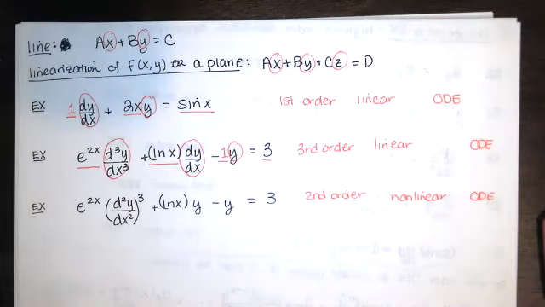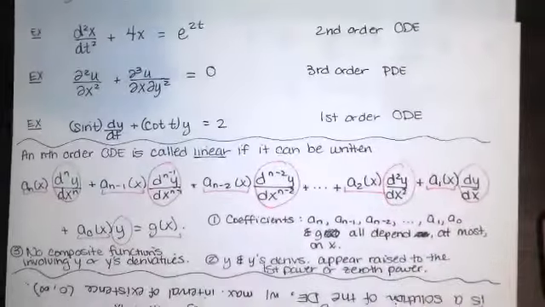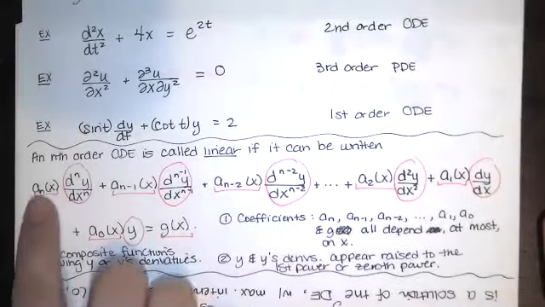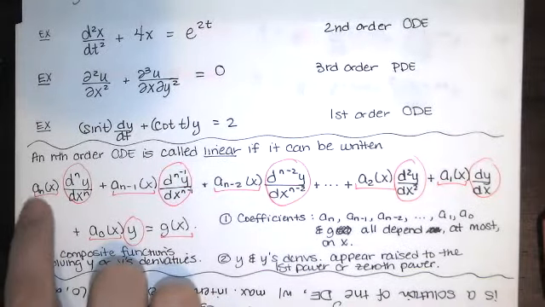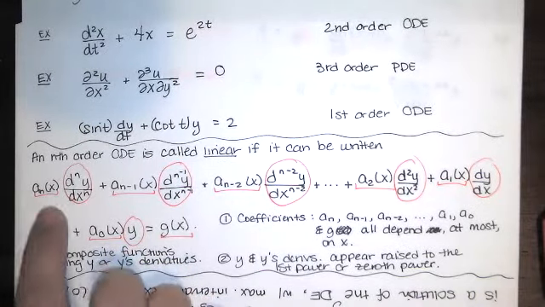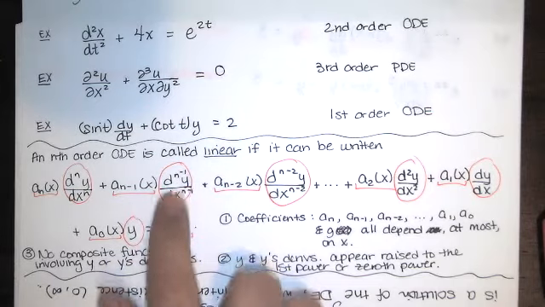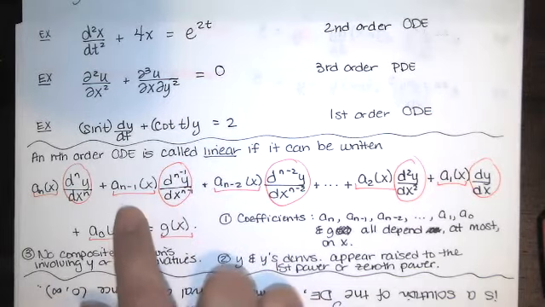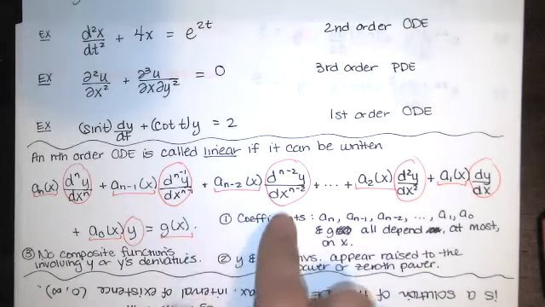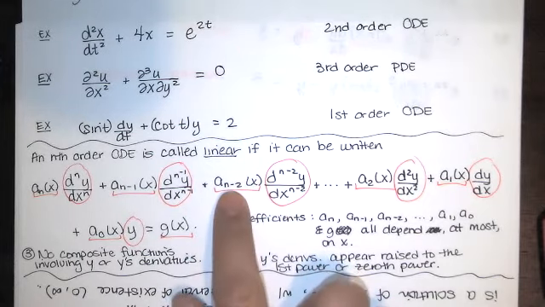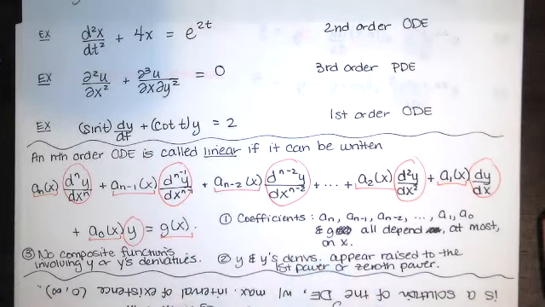Now, I can't write it out exactly the same way. Over here, when I wrote down my coefficient functions, I said the coefficient of the nth derivative was a sub n, and the coefficient of the n minus 1th derivative was a sub n minus 1, and the coefficient of the n minus 2 derivative, well, that's a sub n minus 2, and so on.